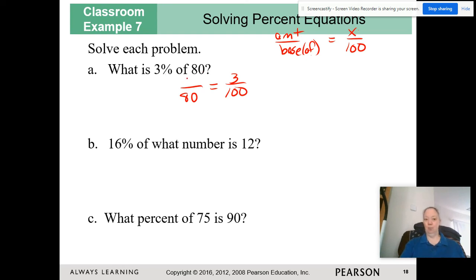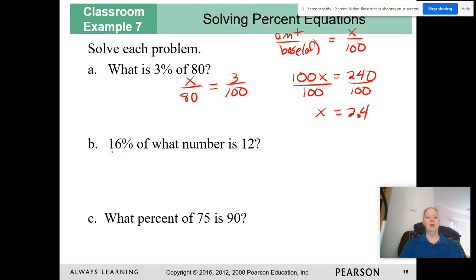So the only one that's missing is x, and I cross multiply and divide by 100, and we get 2.4.